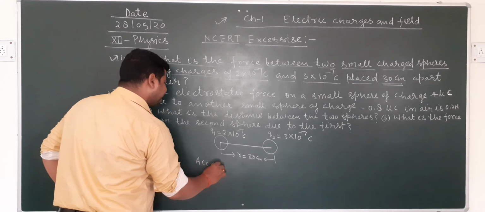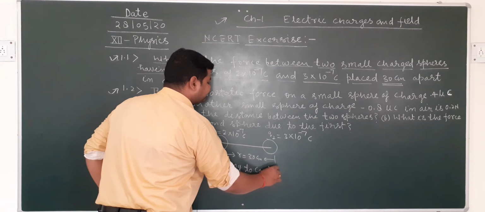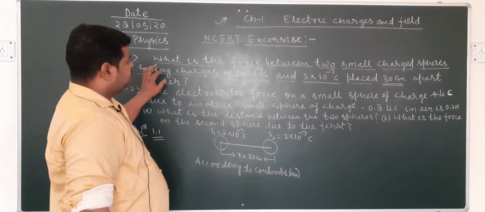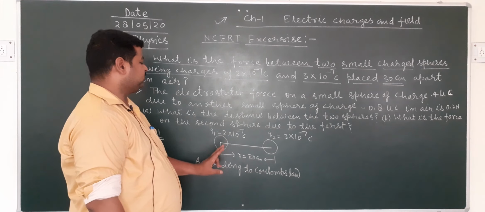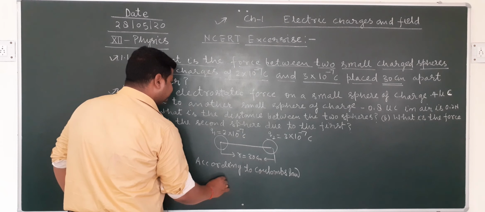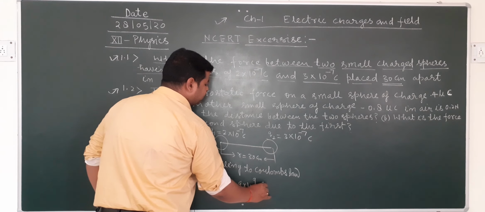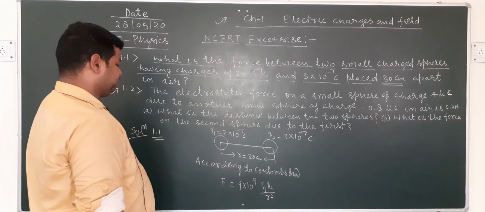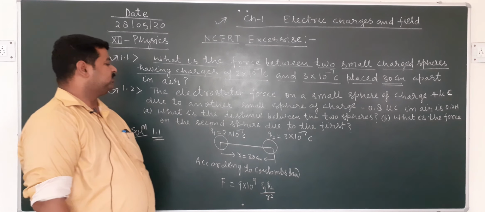According to Coulomb's law, in the question the medium is not given, so we use the formula for the force between these two charges: F is equal to 9 × 10^9 Q1 Q2 upon R squared, after which we place the values of Q1, Q2 and the distance between the two spheres.